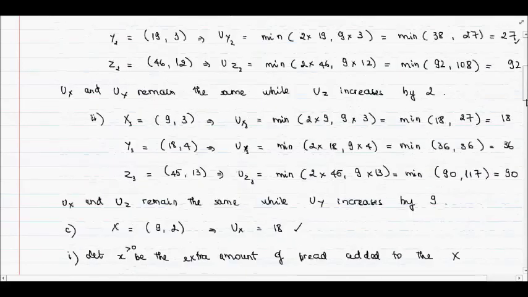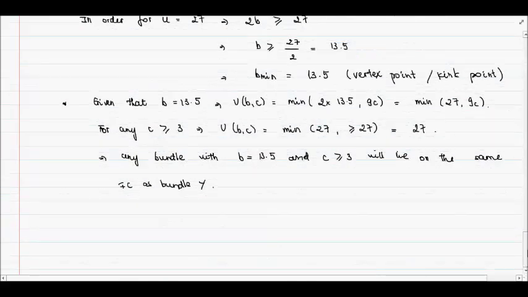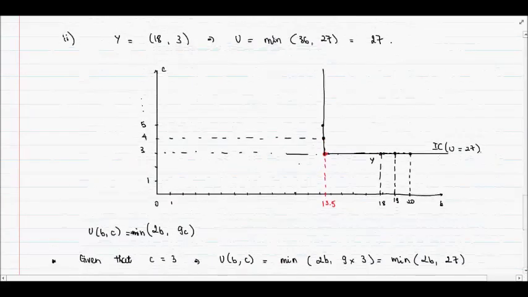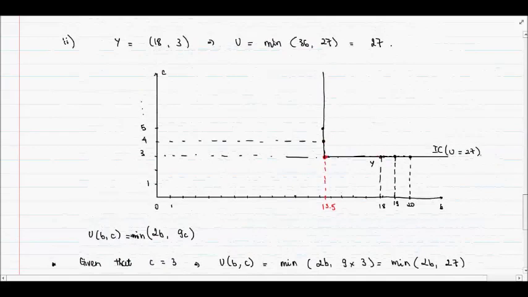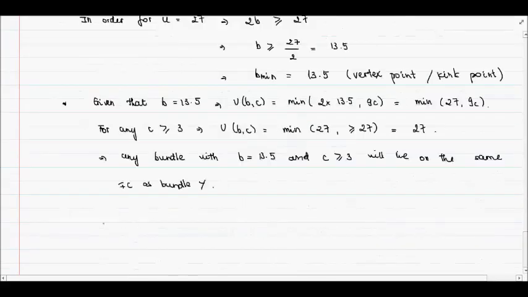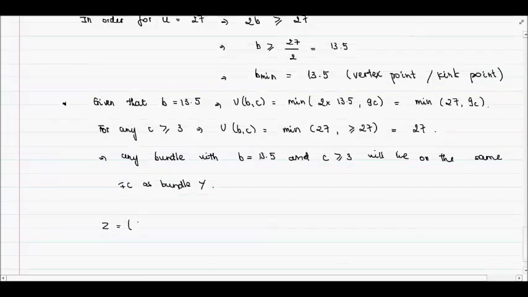So we are going to do exactly the same thing as for bundle Y. So bundle Z includes 45 units of X and 12 units of Y with a utility of 90.